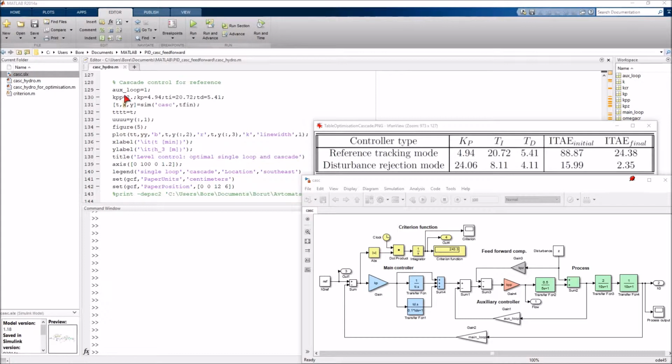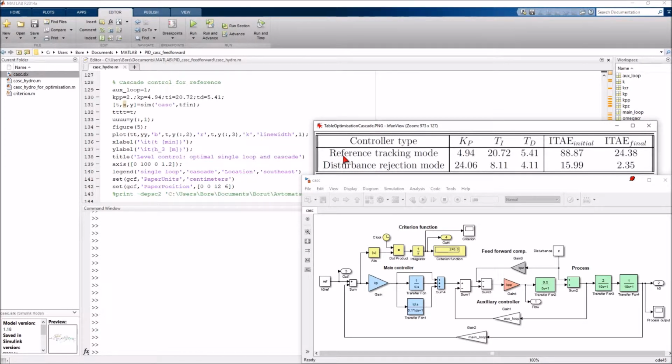We can here find some parameters. So the auxiliary P controller is set to 2, and the main controller is set to the parameters which were obtained with the optimization of the cascade structure. We have here two sets of parameters.